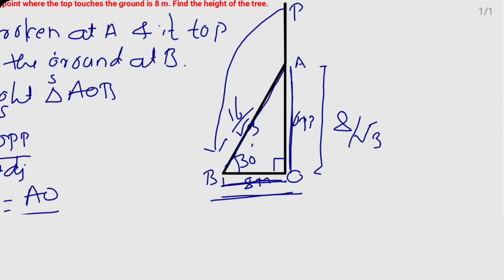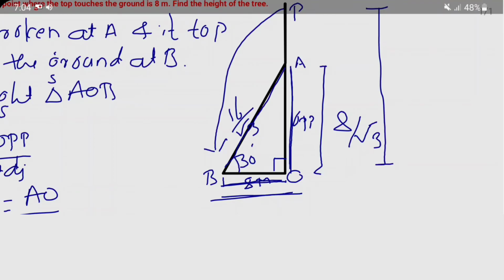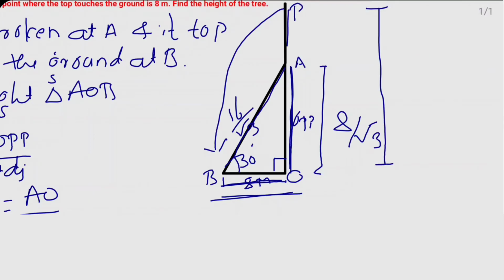Now we want to find the height of the tree. Height of the tree means OP. So OP is equal to AO plus PA. But PA equals BA, because BA is the broken part of the tree. The tree breaks at A, which means AP equals AB, right?